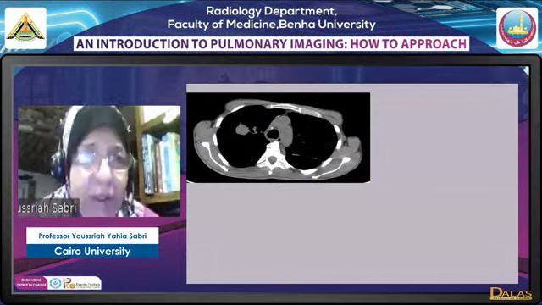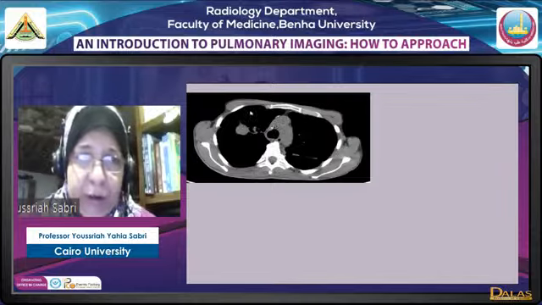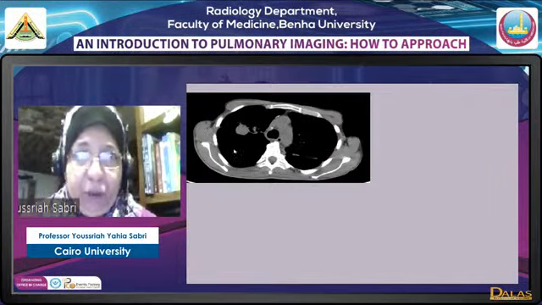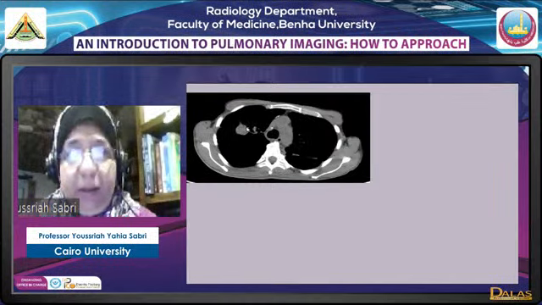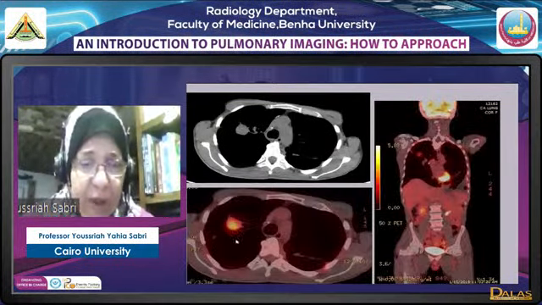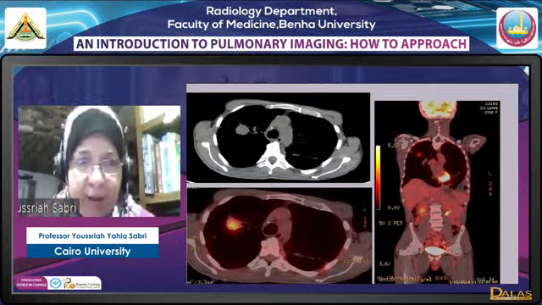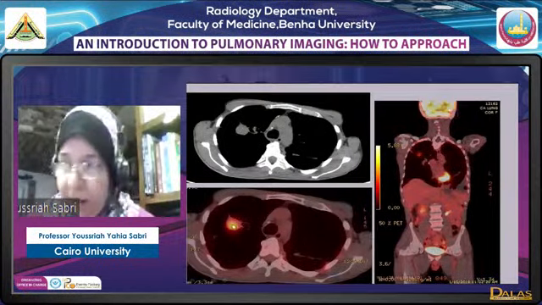In the mediastinal window, it is of soft tissue density. There are also, as you can see, calcifications here. It's healed tuberculosis; the patient had a history of healed tuberculosis. But still the scar is very suspicious. PET CT was done, and as you can see here, part of it has hypermetabolic activity, with tracer uptake.